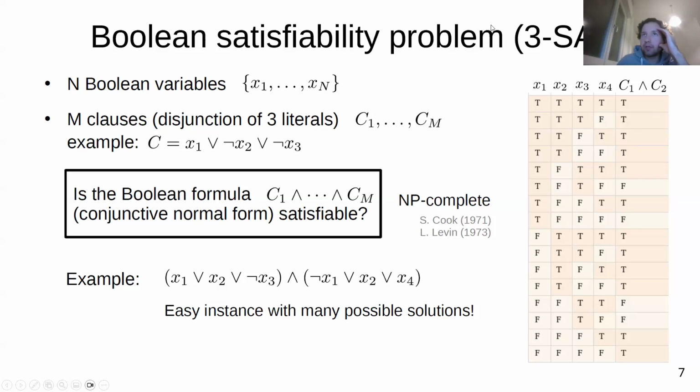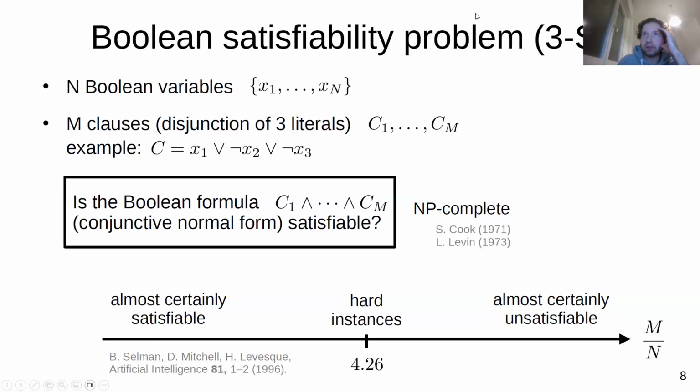But what we are mostly interested in is the hardest instances of 3-SAT, which are expected to have this exponential gap closing. And in the literature, it is known that there's a kind of phase transition, where if we vary the ratio of the number of logical clauses to the number of variables, then we have some point where to the left of that point, the instances are almost certainly satisfiable, while to the right, they are almost certainly unsatisfiable.